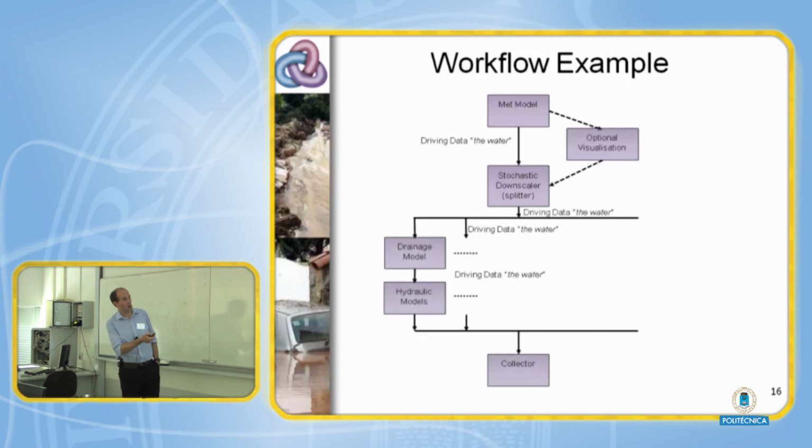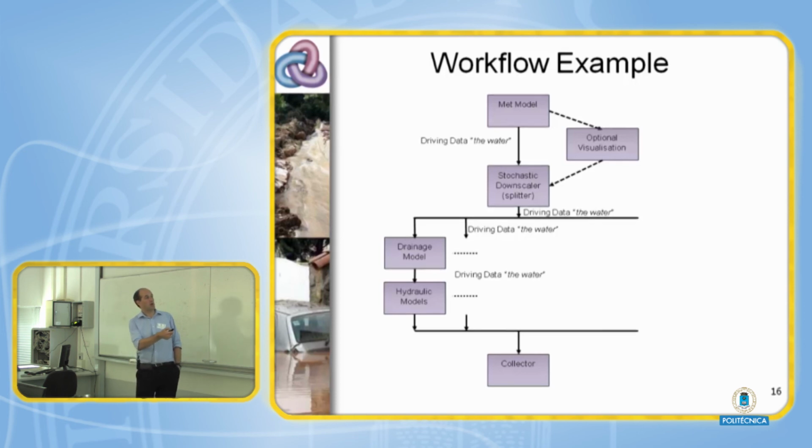Again, we are passing driving data, the water, from there into another set of models following. So here's the drainage model, here's the hydraulic modeling composition. At each stage, we simply want to know how much water is coming to us at the next step in the workflow.